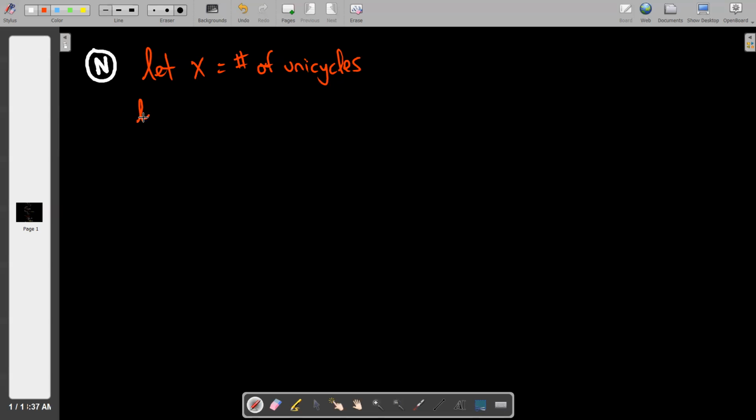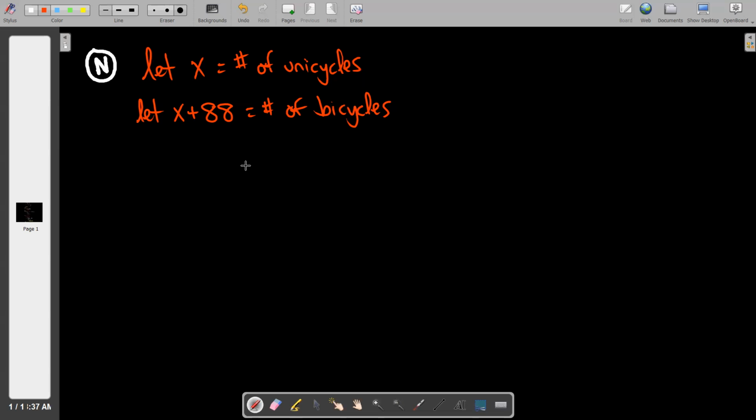Yes, so I'm going to let X plus 88, because that's 88 more than X, equal the number of bicycles. And then finally, I need to define the number of tricycles as something, and it's based off of unicycles.